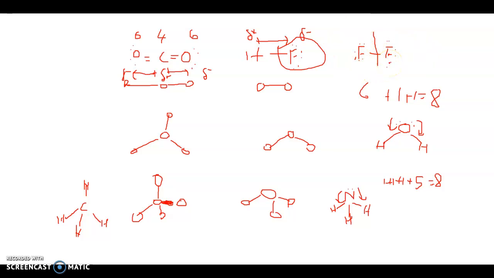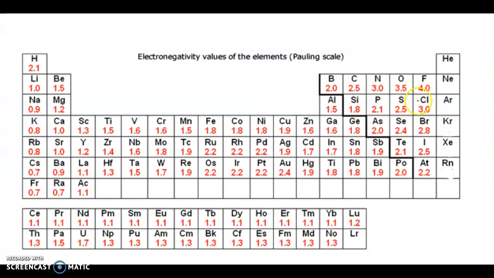Okay, so those are the different shapes and how they come into play. So I will post that periodic table here that has the different values of electronegativity and what their thresholds were. I talked about it a little bit. So if you take the difference between the atoms and you end up with 0.4 or less, we consider that to be nonpolar. If it's greater than 0.4 and less than 2, we consider that to be polar.